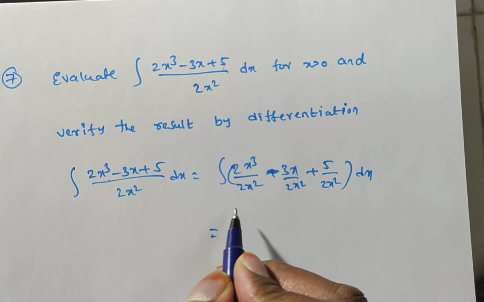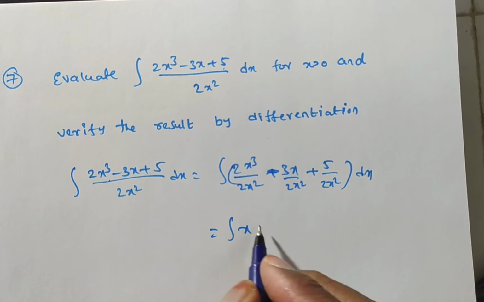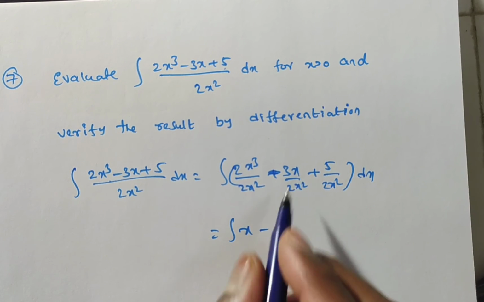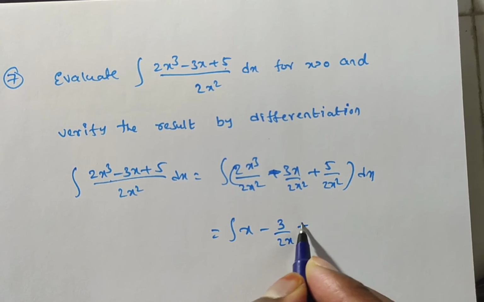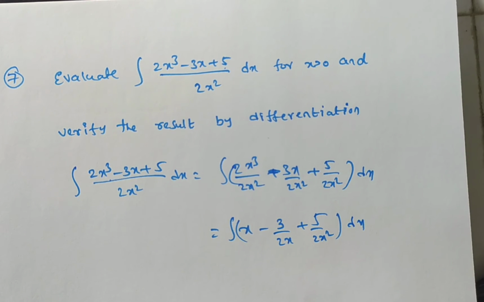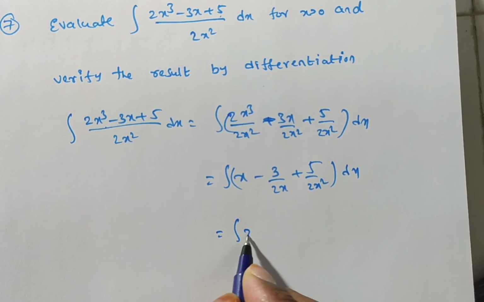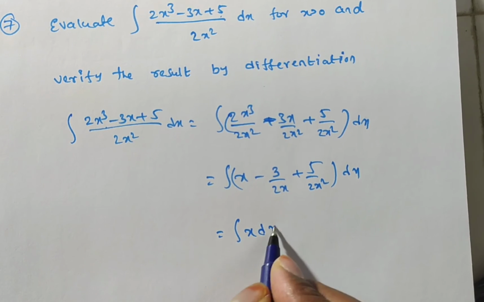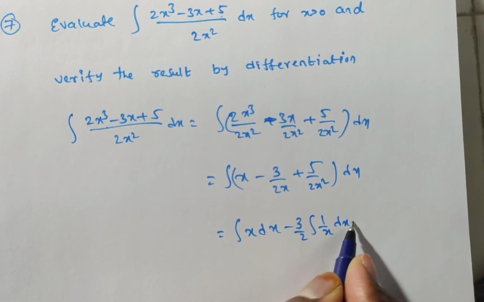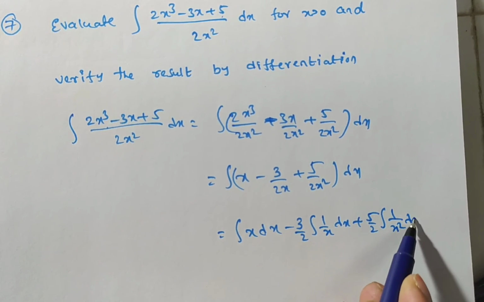Now the 2x square in the denominator and numerator get cancelled, so you will have x minus 3 by x, plus 5 by 2x square, dx. Now I can apply the linearity property. Then I get integral of x dx minus 3 by 2 I can write outside, integral of 1 by x dx, plus 5 by 2 I can write outside, integral of 1 by x square dx.